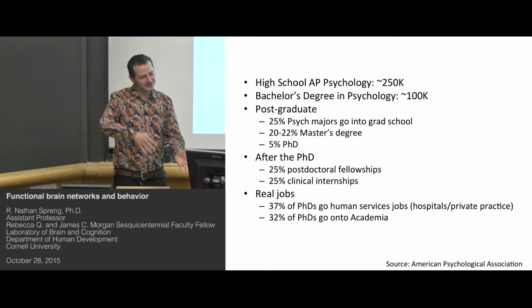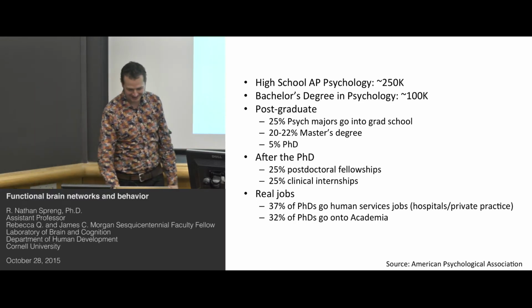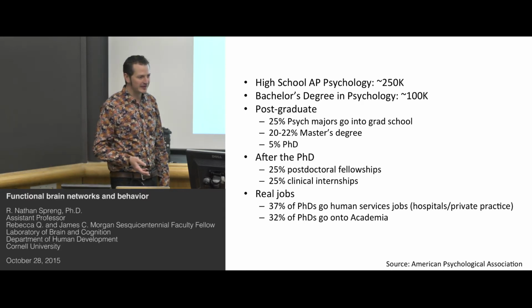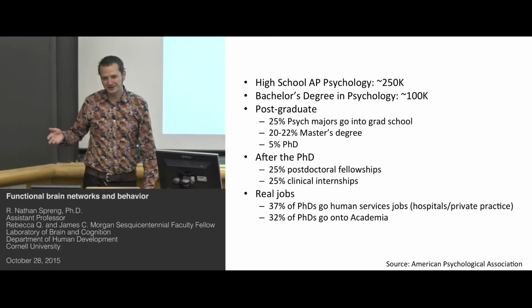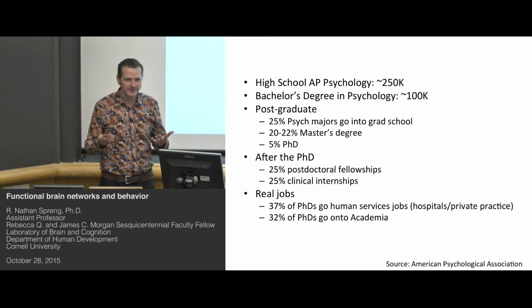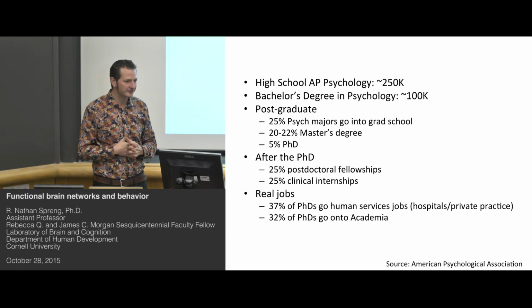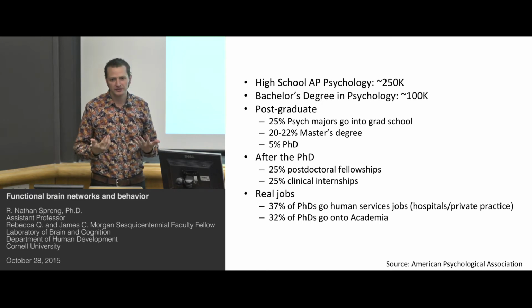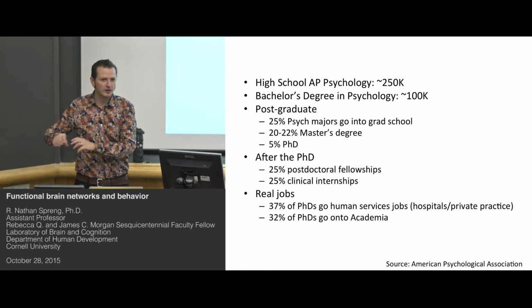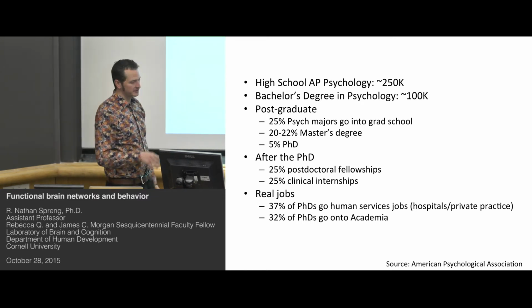Then there's another tier of training after that, the postdoctoral fellowship, which is another 1 to 4 years where you're trained directly underneath someone. About 25% of people who get PhDs in psychology go on to postdoctoral training, which is really a research stream. Another 25% go on to clinical internships.